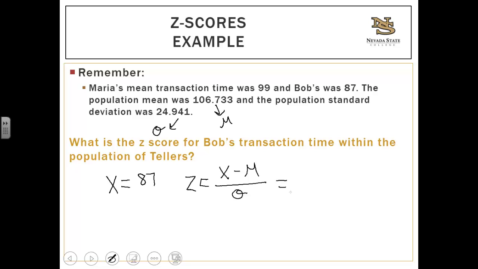So x, 87, minus the mu of 106.733, divided by the standard deviation, 24.941. So 87 minus 106.733 gives you negative 19.733.